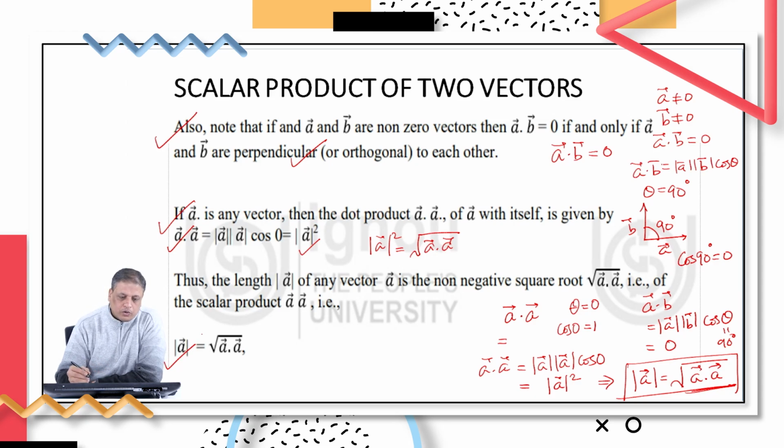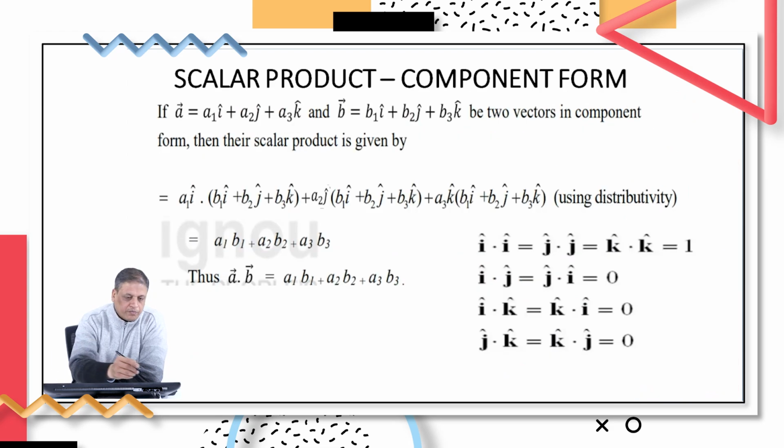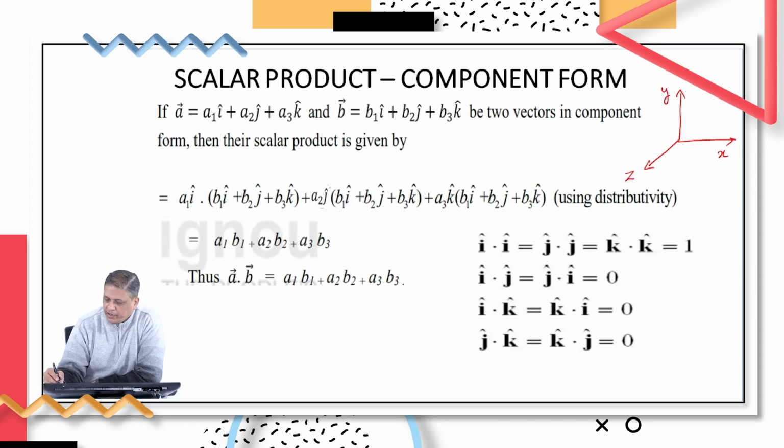Now we are going to understand something more about the concepts of the vector. In the earlier session we learned about the unit vectors i, j and k, and that in a three-dimensional system we have the coordinates x, y and z.